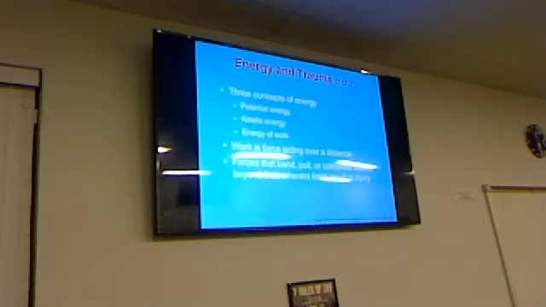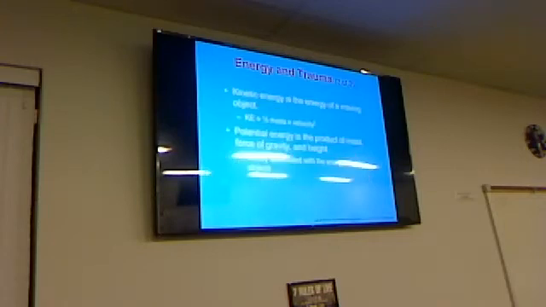Was this patient hit in a T-bone style accident? Were they rear-ended? All these things have to be added up to figure out how much force was applied, how much energy was involved here, and what potential injuries we are going to see. These are forces that bend, pull, or compress tissues beyond their inherent limits. This is where we result in injury.